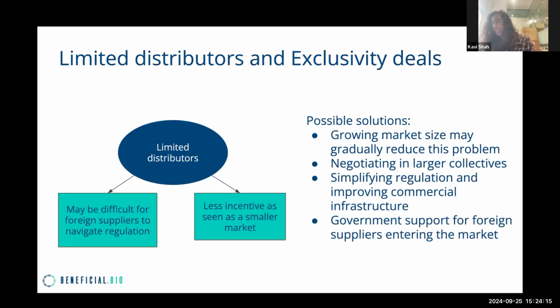So next, to move on to limited distributors and exclusivity deals. Multiple people that I spoke to raised this as an issue with not being able to directly purchase goods from international suppliers, and rather having to work with exclusive local distributors.